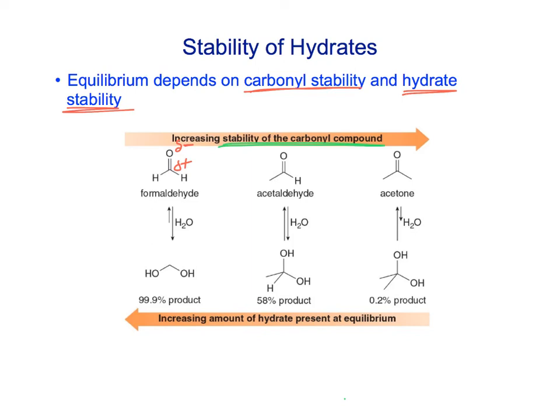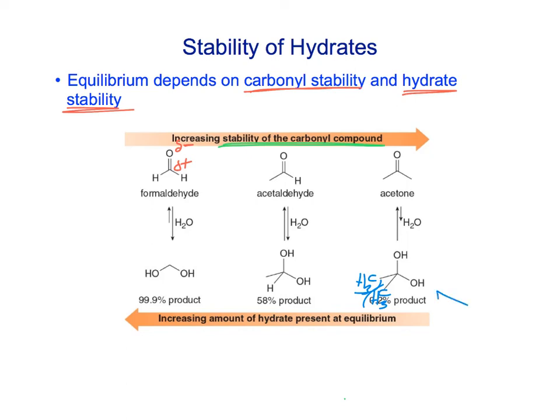So if we look at this hydrate from acetone, this has two methyl groups here. And we're going from sp2 hybridized, or trigonal planar up there in the carbonyl, so everything's kind of far apart, to a tetrahedral down here, so it's pushing those methyl groups closer to each other.